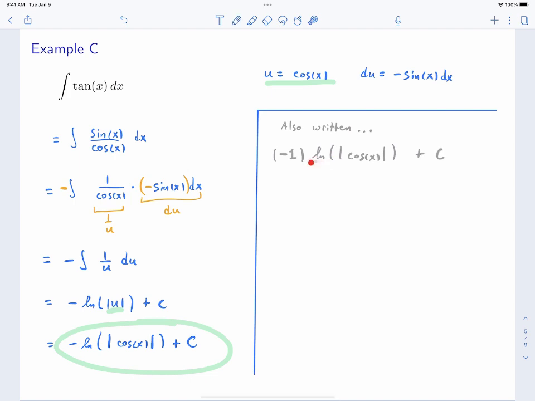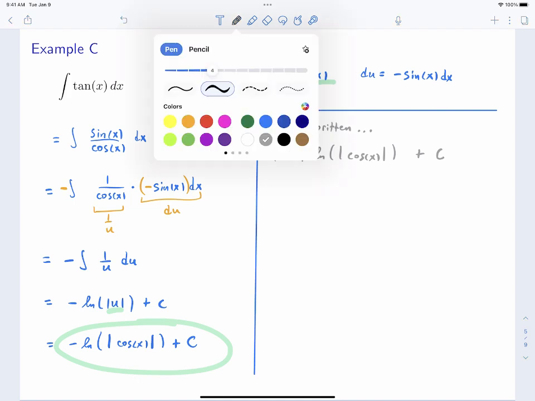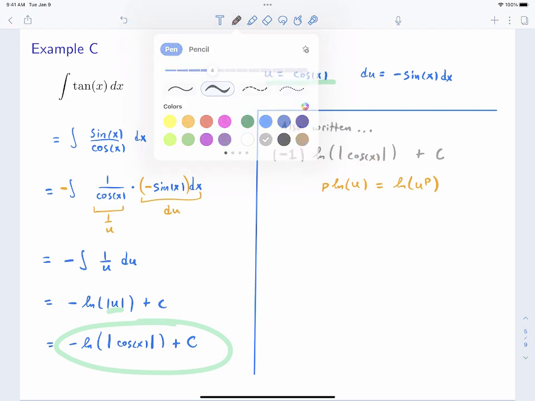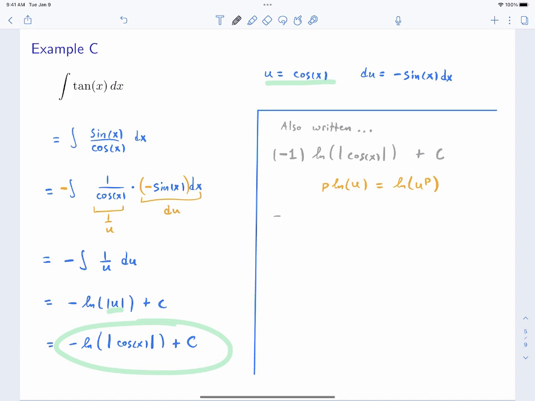And now again, I'm going to use the properties of ln. The property in question that I want to use is the fact that p times ln of, let's call it u, is equal to ln of u to the p. That's the property I want to use, where in this case, u is my absolute value of cosine of x, and p is this minus 1. So I'm going to use that property to rewrite this as ln of the absolute value of cosine of x, and then I'm going to write this to the -1 plus c.